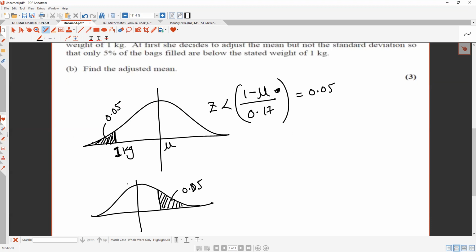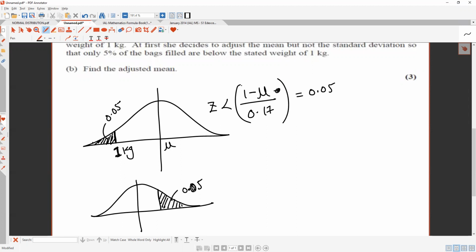You understood this mirror image part, right? Because the left hand side we can never find it, by the way. You always have to mirror image and bring it to the right hand side. I already mentioned that in the video itself. Understood how 0.05 came from the left hand side to the right hand side? Clear. Okay, now this is greater than.